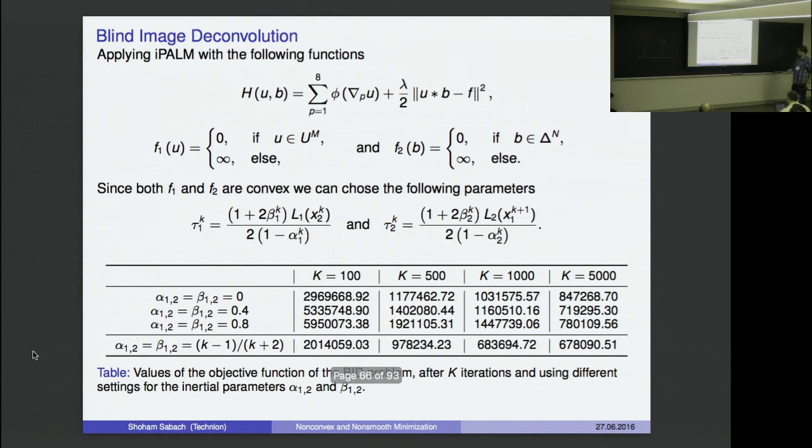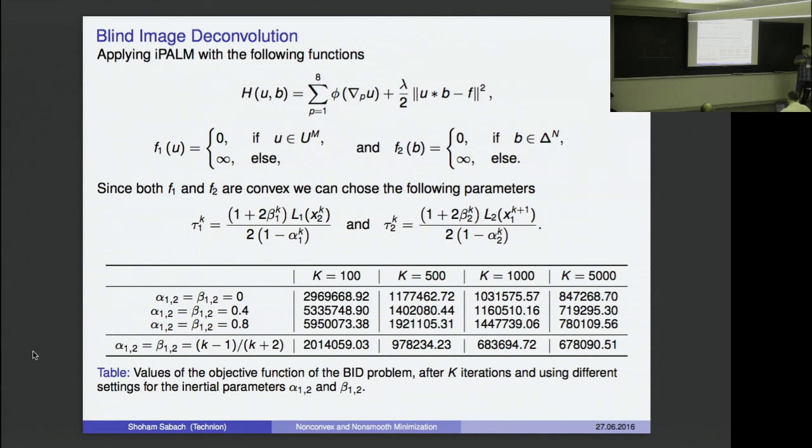And you see again a similar table with function values. But here you see that after a small number of iterations, actually PALM works better, which means if you don't use inertial terms, you get lower values after a small number of iterations.